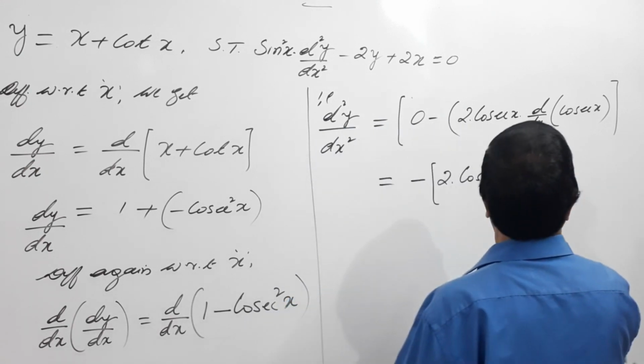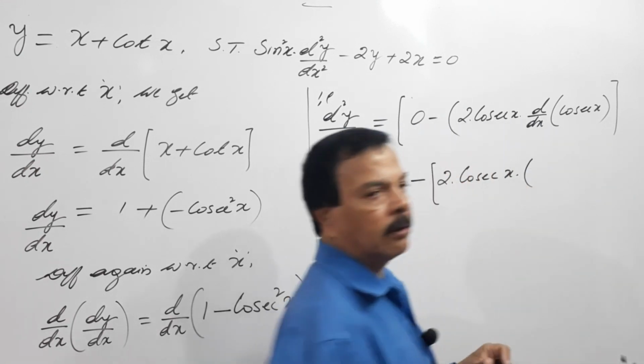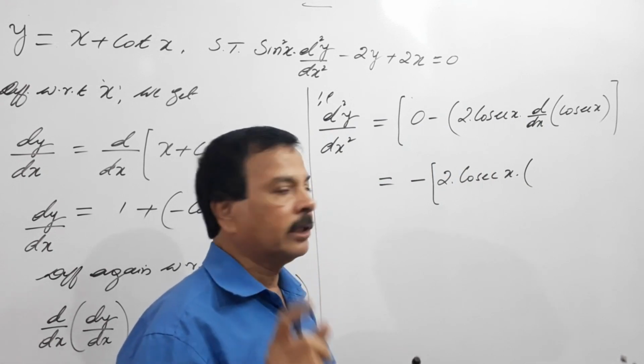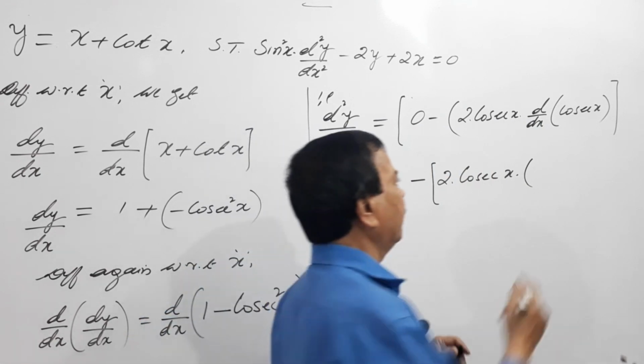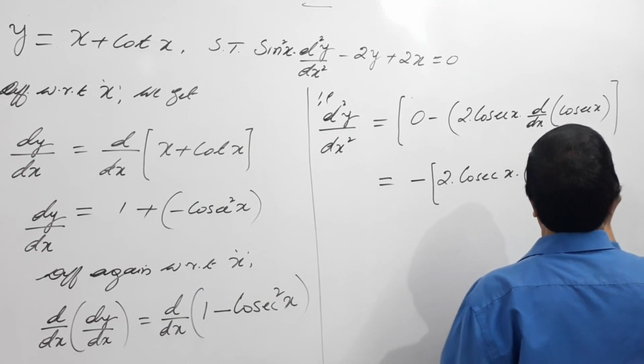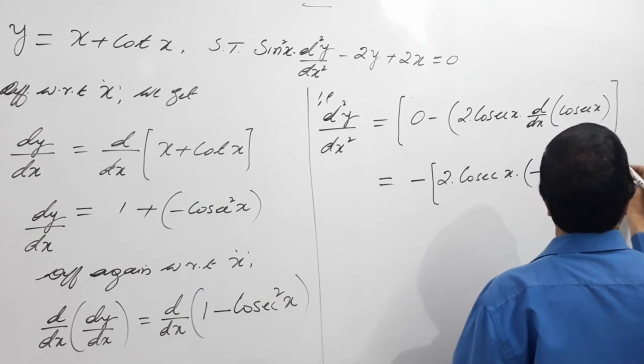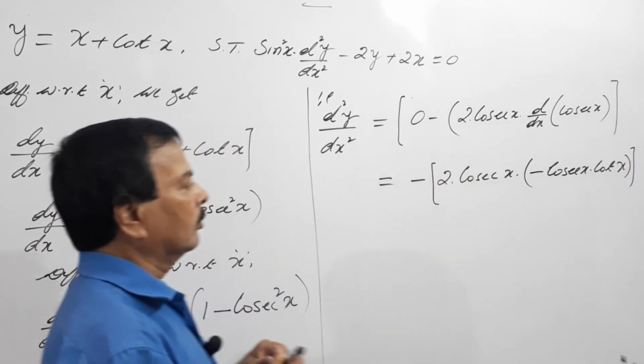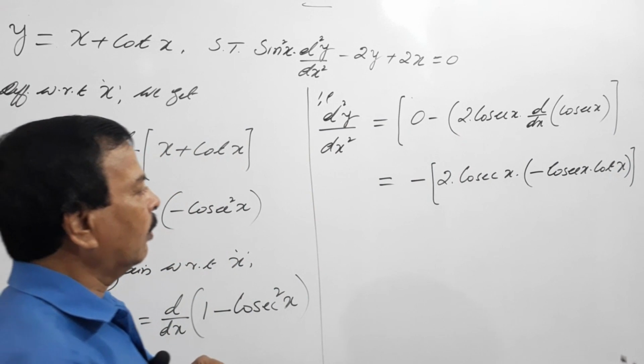So this becomes d by dx of cosecant x into cot x. If you differentiate cosecant, you get minus cosecant x into cot x. So what happens to this?